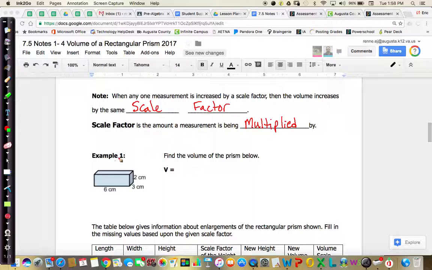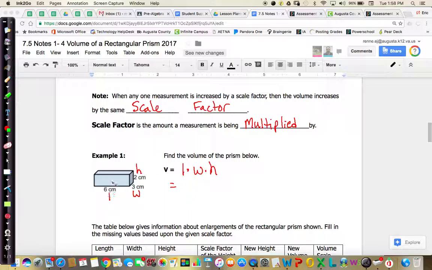Okay, so look at example 1 here. It says find the volume of the prism below. Now, the first thing I like to do is label the sides. So this is the length, the width, and the height. And I always write the formula so I know what I'm plugging the numbers into. So length times width times height.